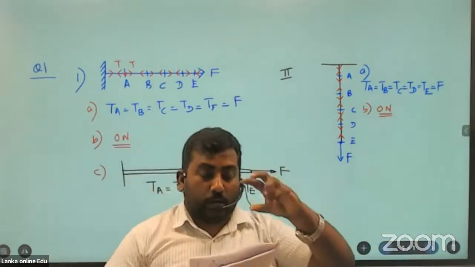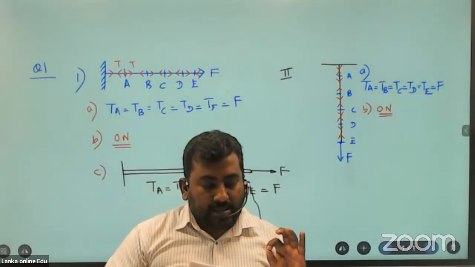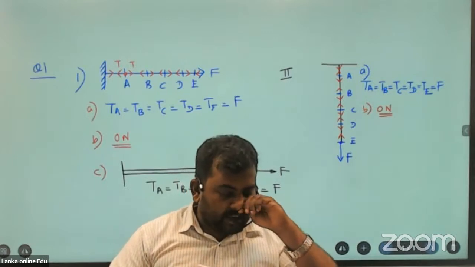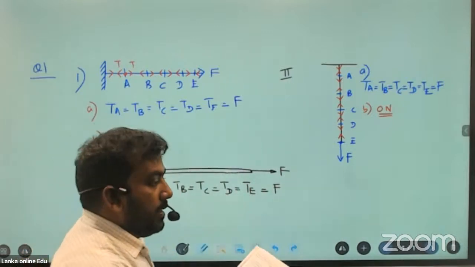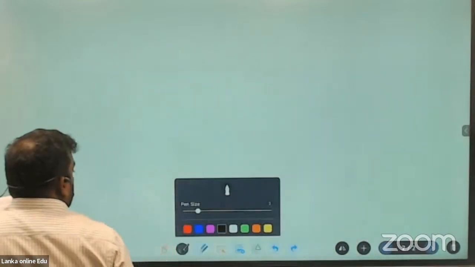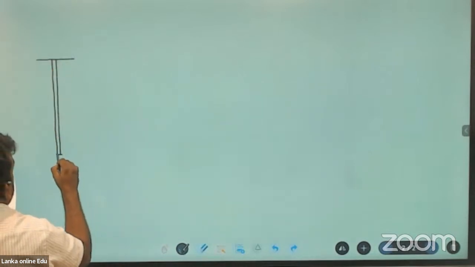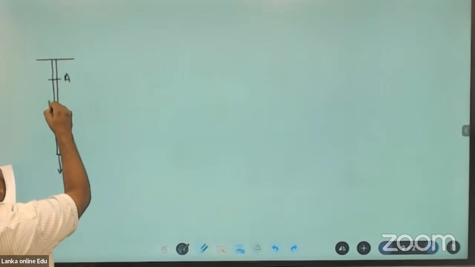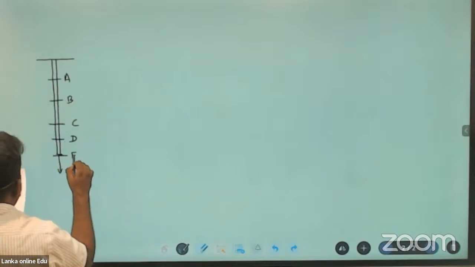So the rope in the question is light. Then comes part C. Find the tension of the string at points A, B, C, D, E if the mass per length is simple M. Assume that the distances AB, BC, CD, DE are equal. But now this part is different. Now you have a heavy rope, and you're applying F here.